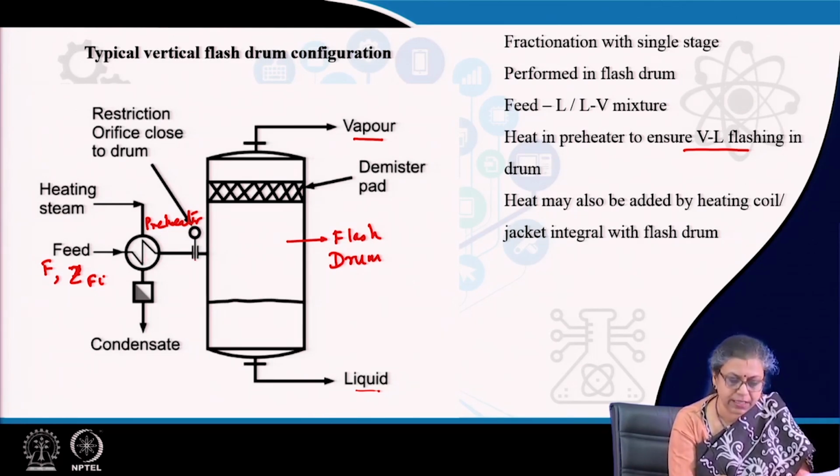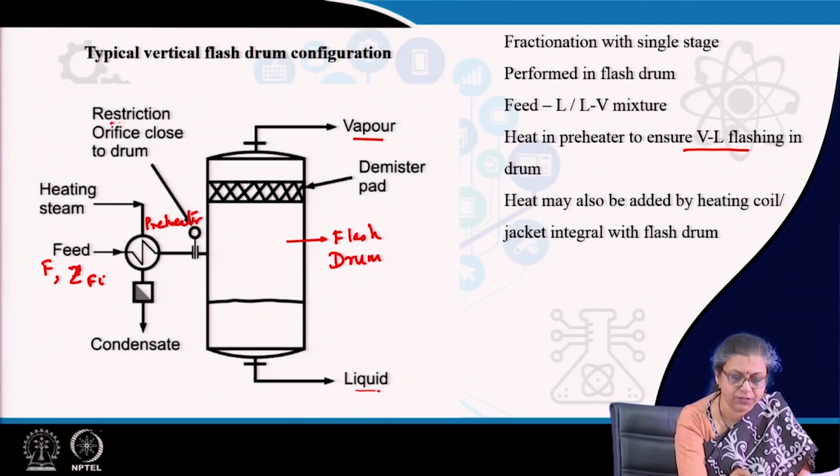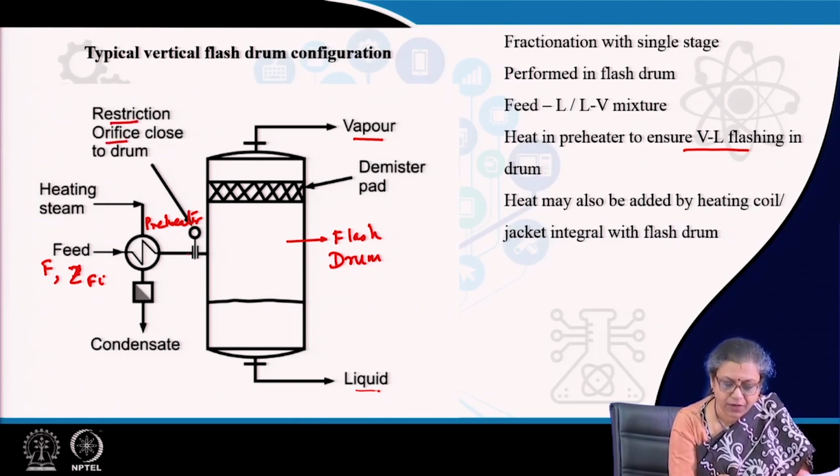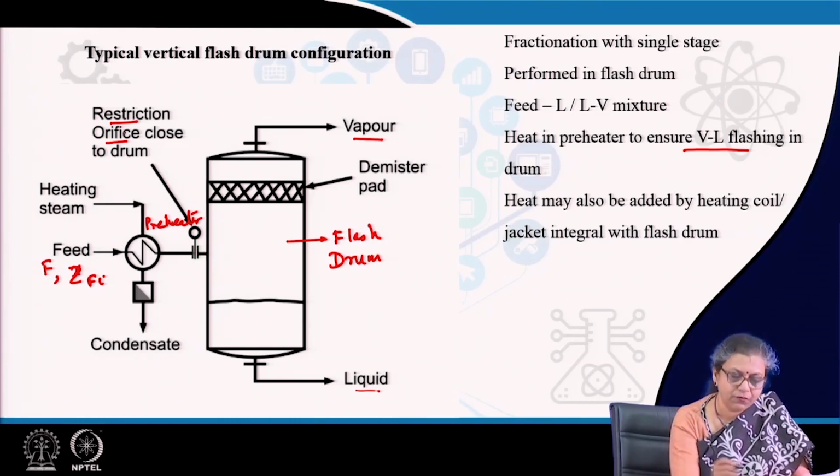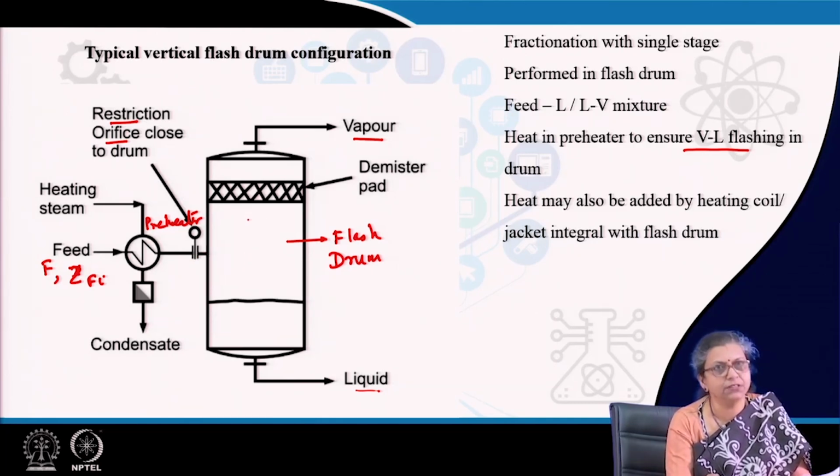From the preheater, the feed goes to a restriction orifice. This restriction orifice simply flashes the liquid such that the two phase mixture forms here. It is needless to say that the restriction orifice is placed as close to the drum as possible, such that the entire flashing occurs inside the drum and the vapor liquid separation can happen here.